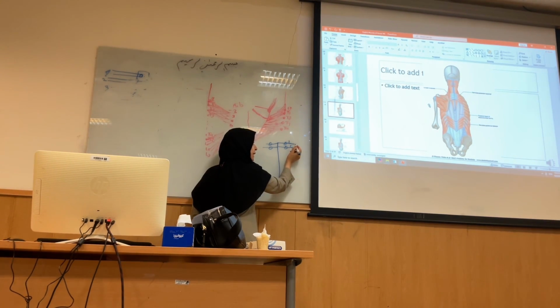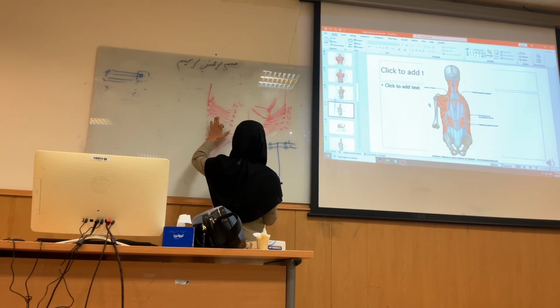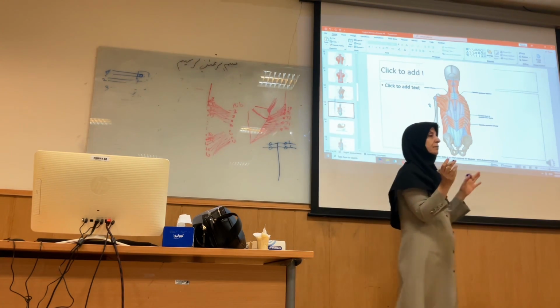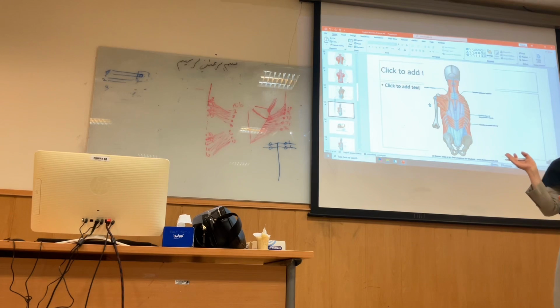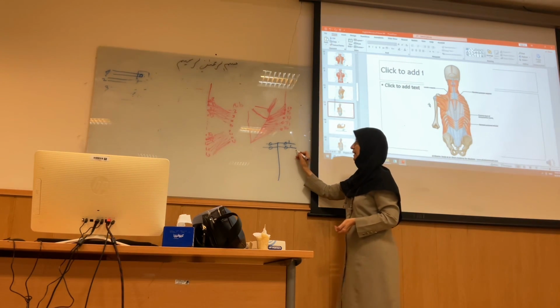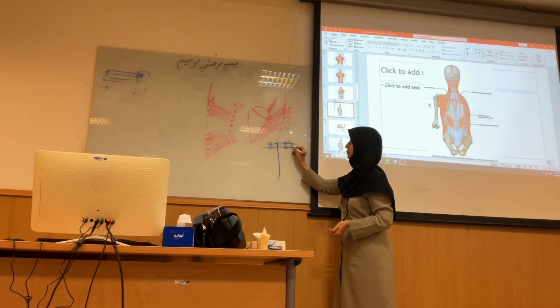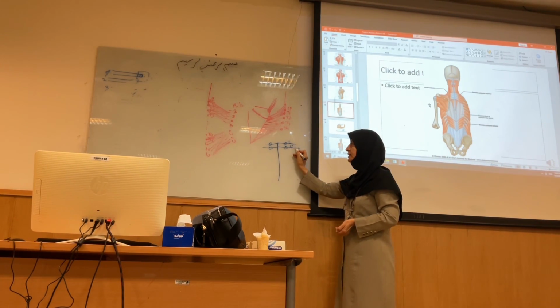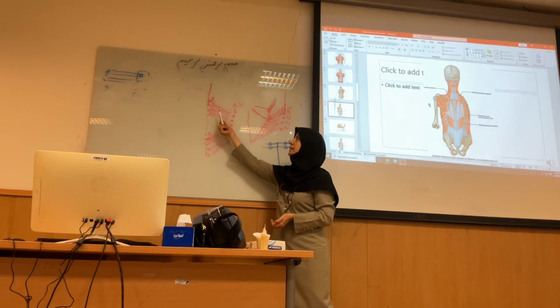And the ventral branch is responsible to innervate the serratus posterior superior and serratus posterior inferior. Which branch of the spinal nerve is responsible to innervate the serratus posterior superior and inferior? The anterior, ventral branch. The anterior means here, and here is the posterior.